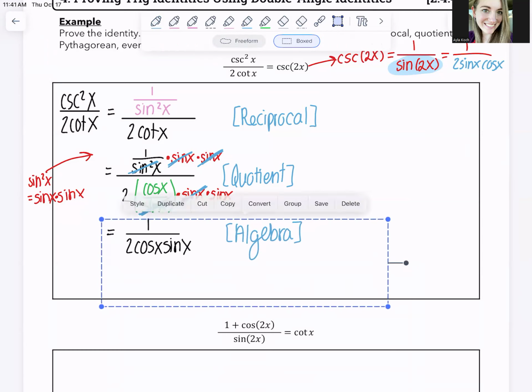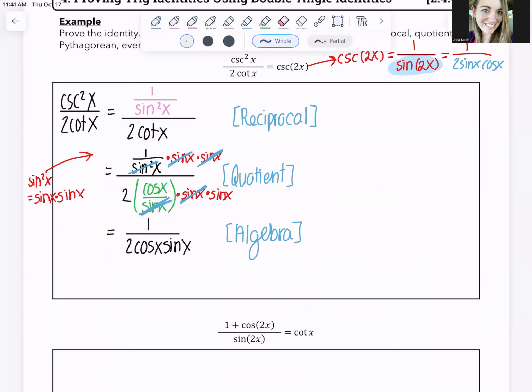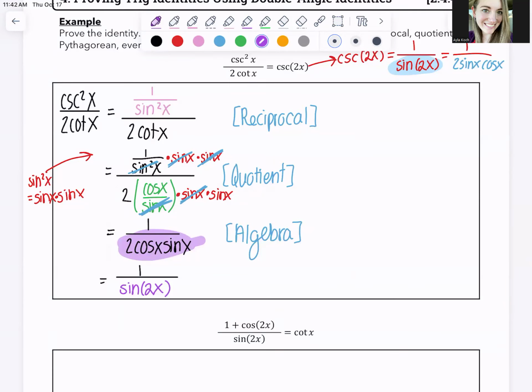And then we said, hey, that's neat, nifty, handy. Love that because, hey, 2 cosine x sine x, that was what we were looking for. That right there is sine of 2x. So this is sine of 2x, because sine of 2x equals 2 sine x cosine x.